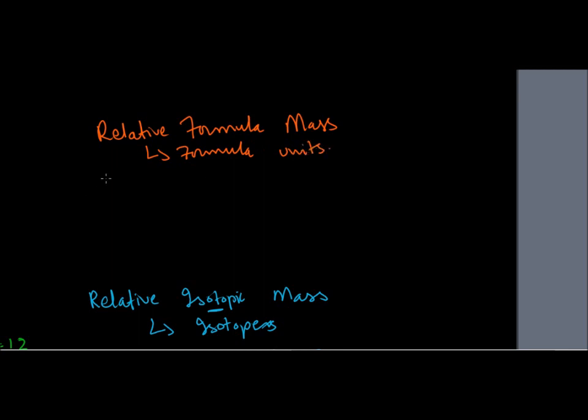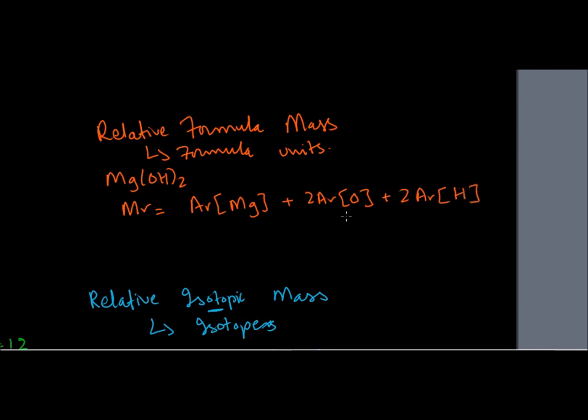Okay, so like we have magnesium hydroxide. Again, this is very simple. Mr would be equal to the relative atomic mass of magnesium plus 2 times the relative atomic mass of oxygen plus 2 times the relative atomic mass of hydrogen, right? And these again we can get from the periodic table.